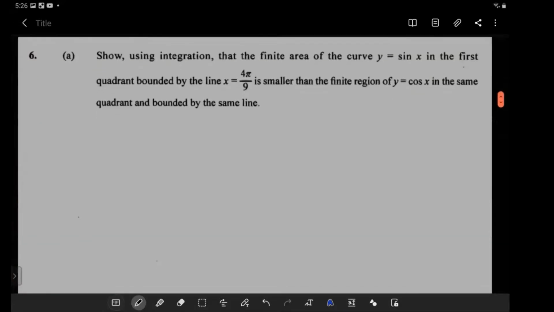The final question that we'll take a look at today is based on integration.